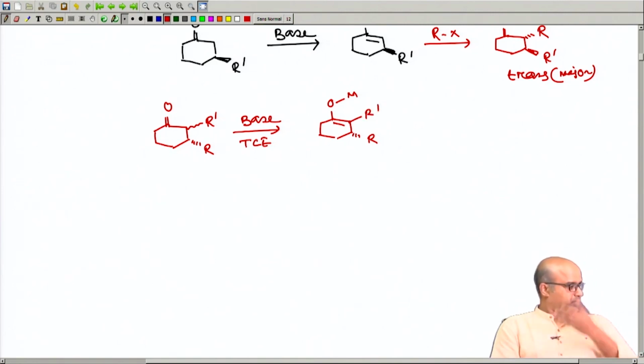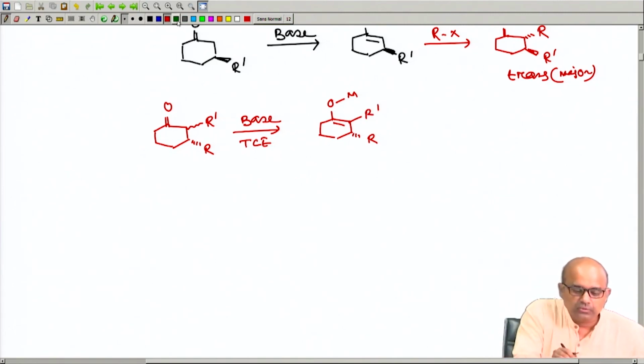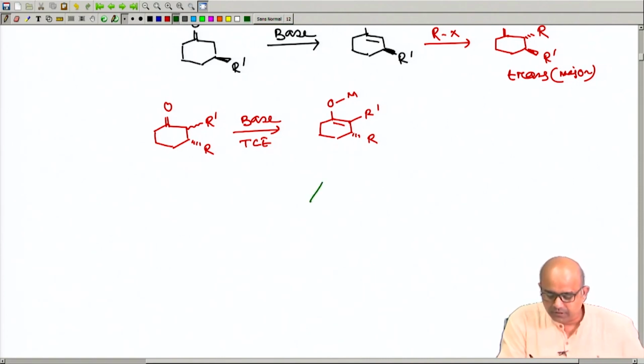Now, this compound you can eventually try to draw in 2 different ways. So, the first one you try to draw this way.